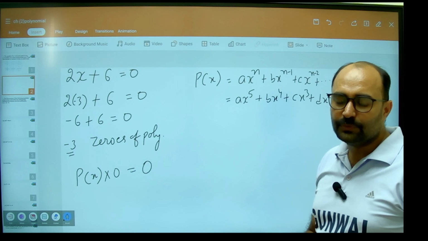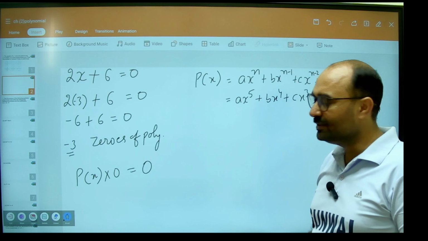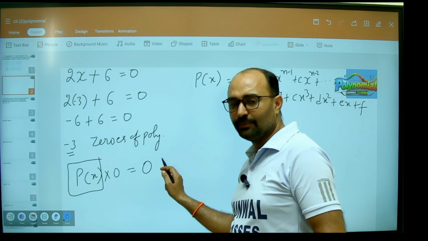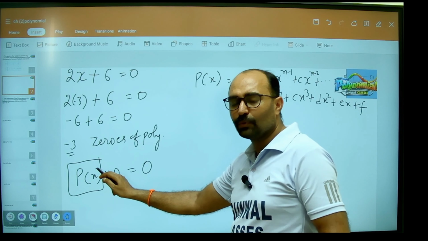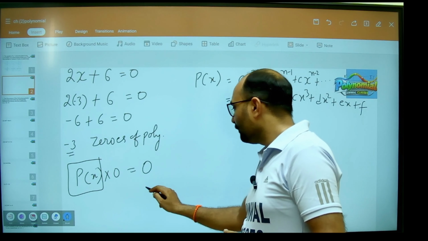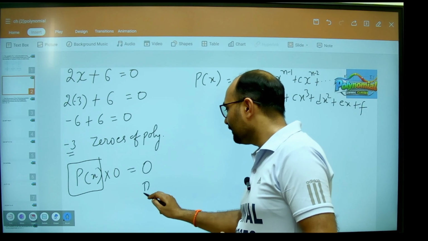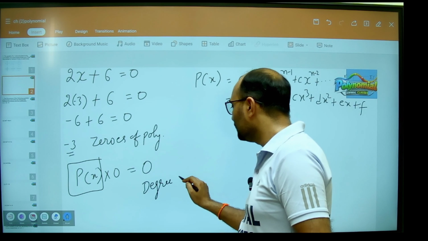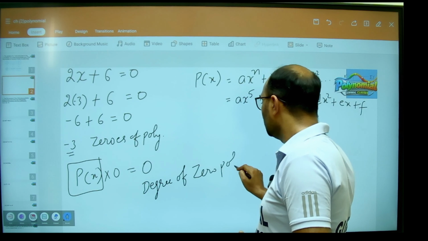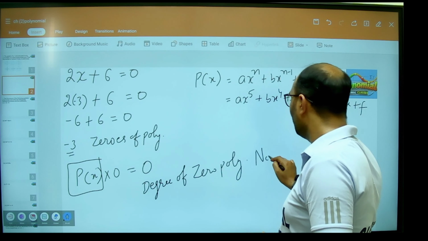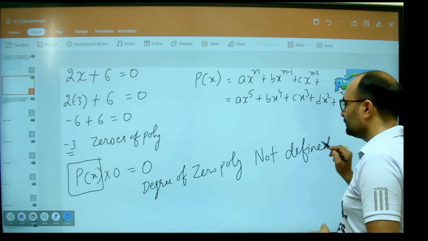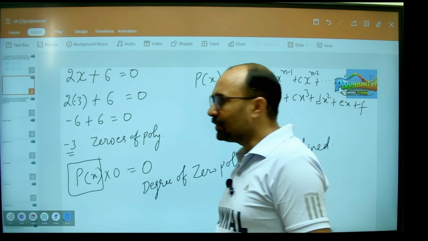What is the degree of zero polynomial? Not defined. When you multiply any polynomial with 0, it will be 0. So you can't say what was the degree of this term. So degree of zero polynomial is not defined. Okay, note down fast.